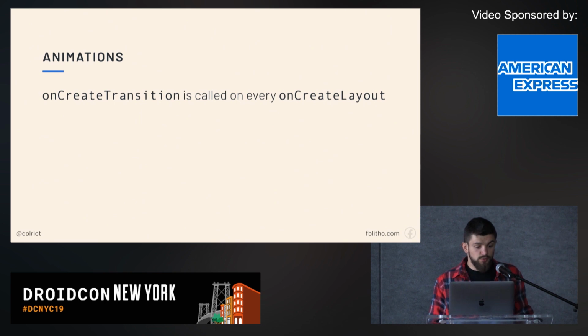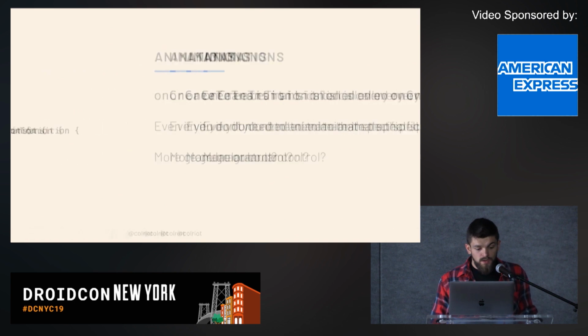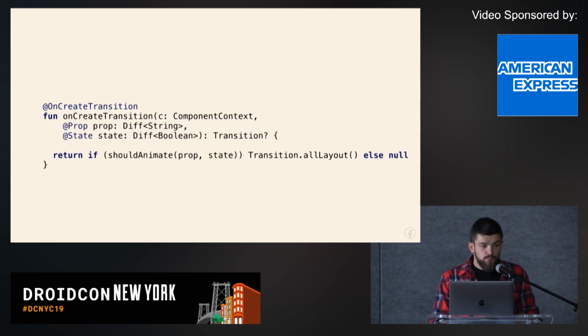That is important because onCreateTransition, as I told you, is called for every onCreateLayout. And you would like something more granular to take care of animation. And we actually have a way to do that: we support diffs of our props and states.